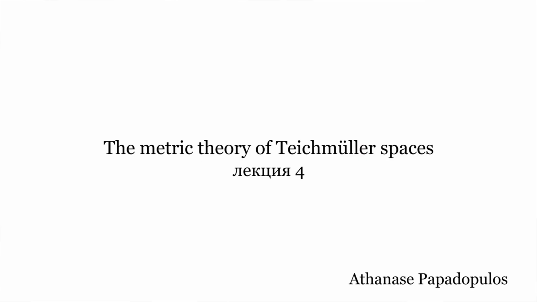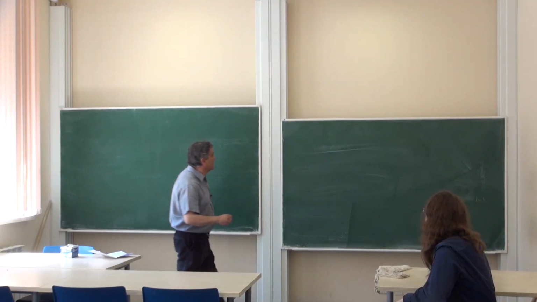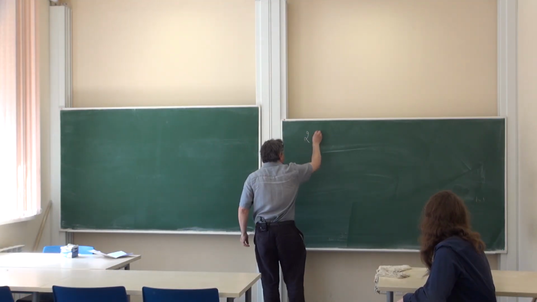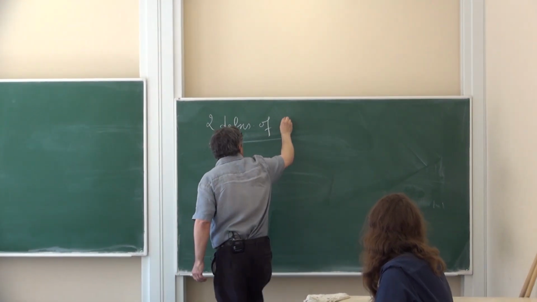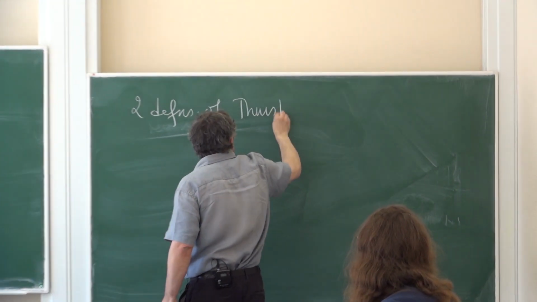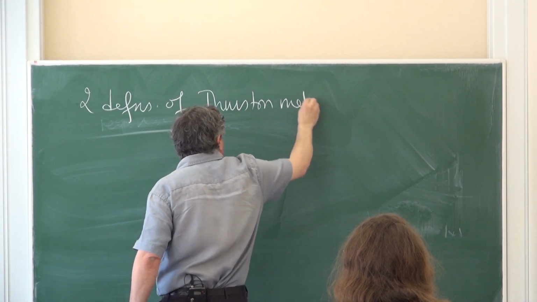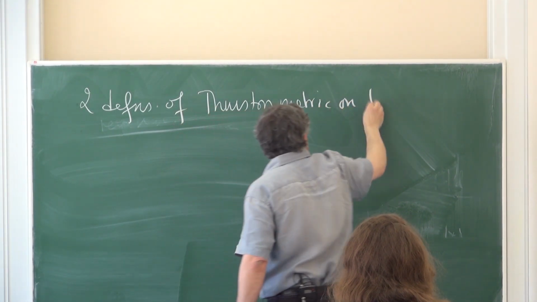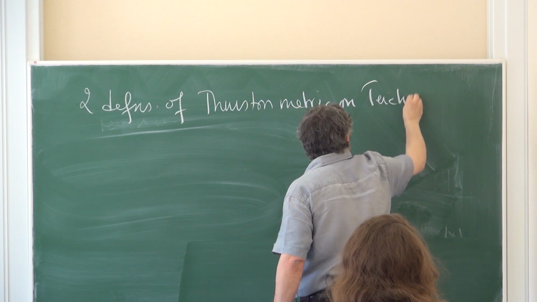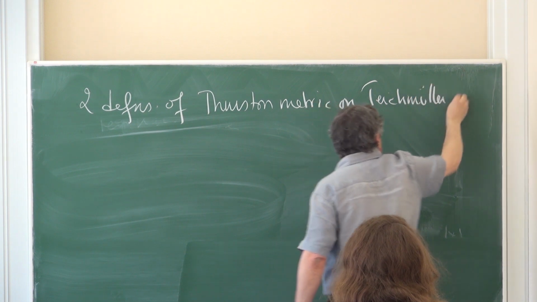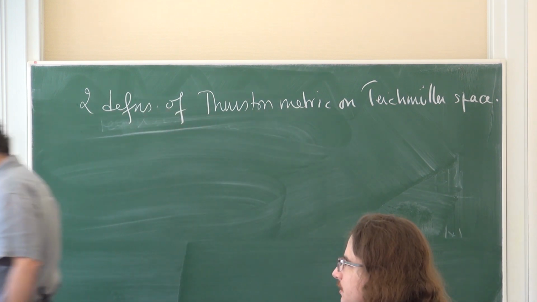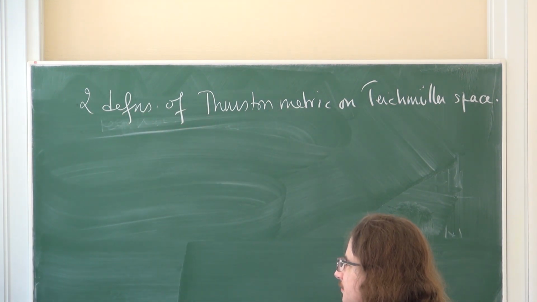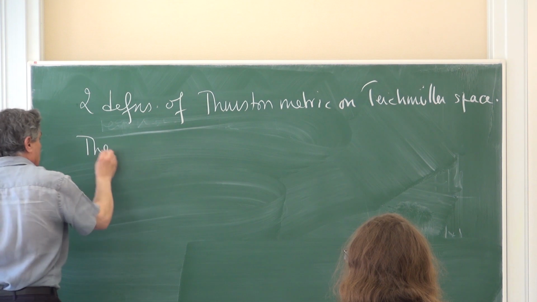So let me just recall that I gave two definitions of the Thurston metric on Teichmüller space. They are equal.